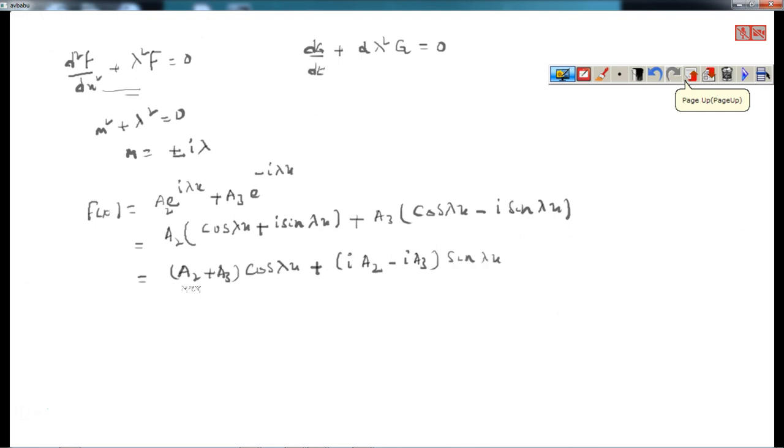This a2 plus a3 I am denoting as a constant A, cos lambda x, plus i a2 minus i a3 I am writing as B, sin lambda x. Okay, this is for f.